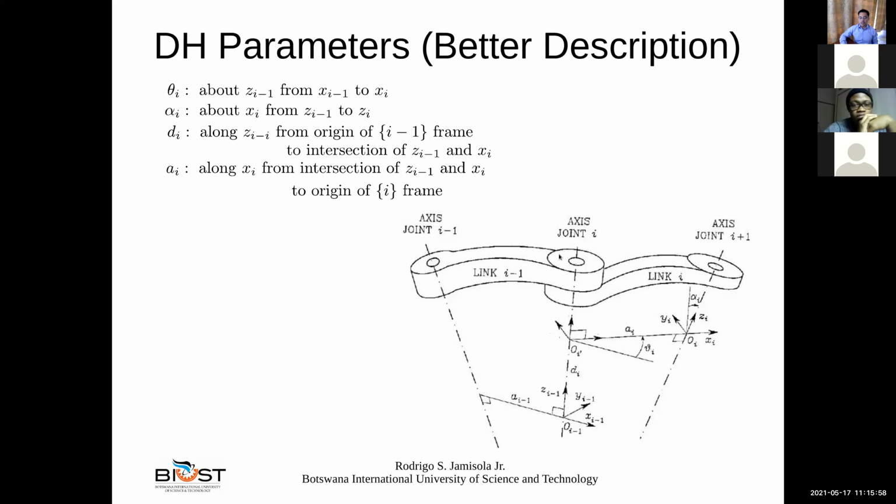There are 4 transformations that we will show to describe 2 adjacent or 2 consecutive joints using DH convention. So there are 4 transformations: 2 rotations based on theta I and alpha I, and translations based on DI and AI, which are of course distances.